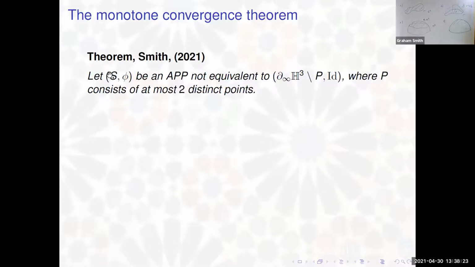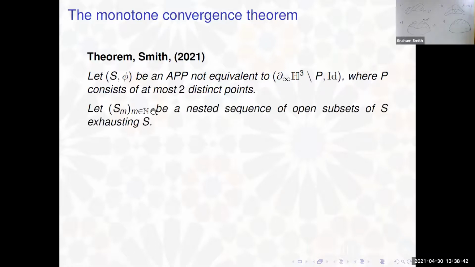So how does this work? Suppose I have an asymptotic Plateau problem S phi. So S is a surface, phi is a local homeomorphism, and is not equivalent to this asymptotic Plateau problem, where I have the boundary of hyperbolic space, which is the complement of a finite set of points in hyperbolic space.